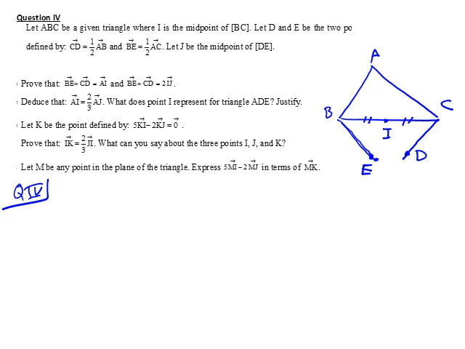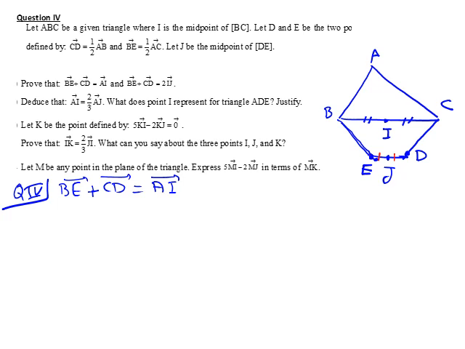BE is equal to half of AC. J is the midpoint of ED. Prove that BE plus CD equals AI.